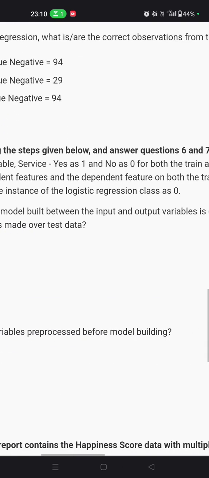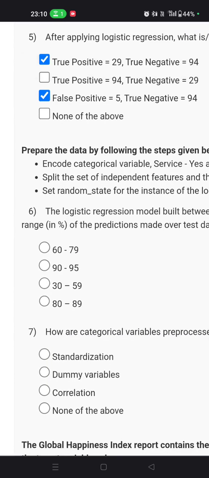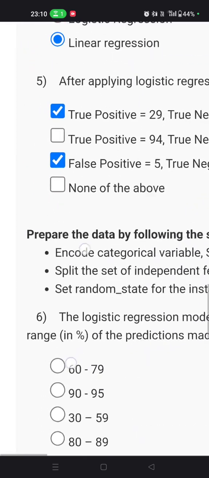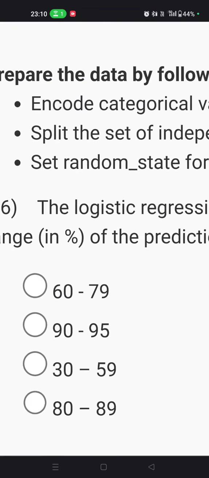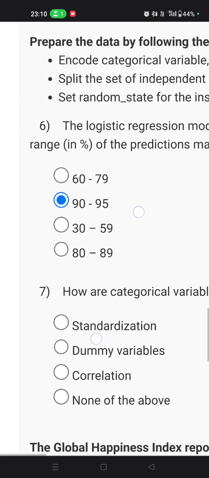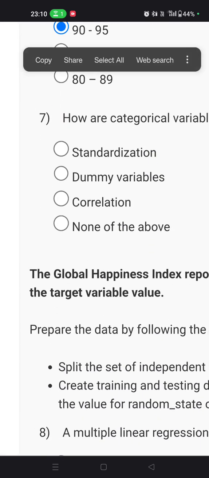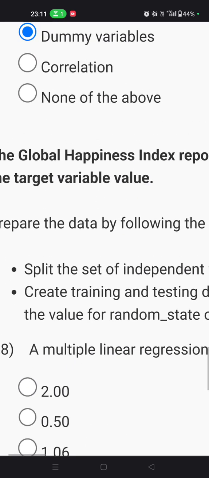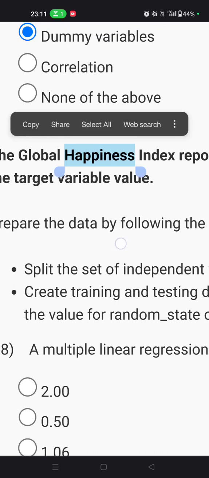After studying what the problem is, you have to study the data set he has given. On the basis of this data, we have to give the answer. So here we will not solve all the problems. For question number 6, the answer will be this, because this is totally based on the data, based on dummy. And there is a very interesting question, the happiness index report.